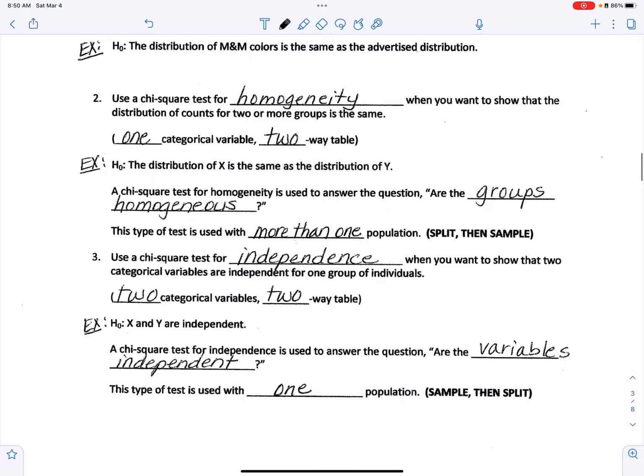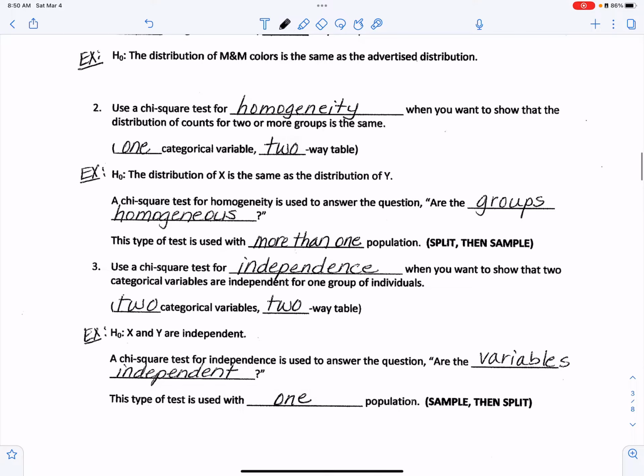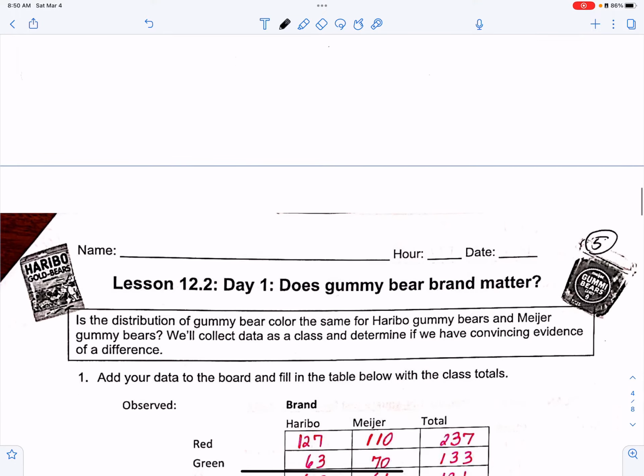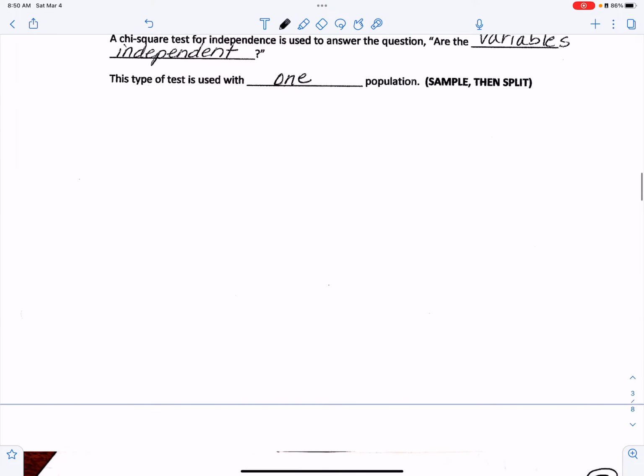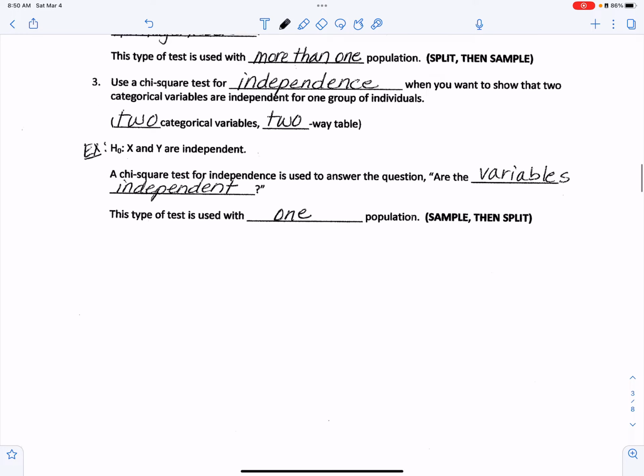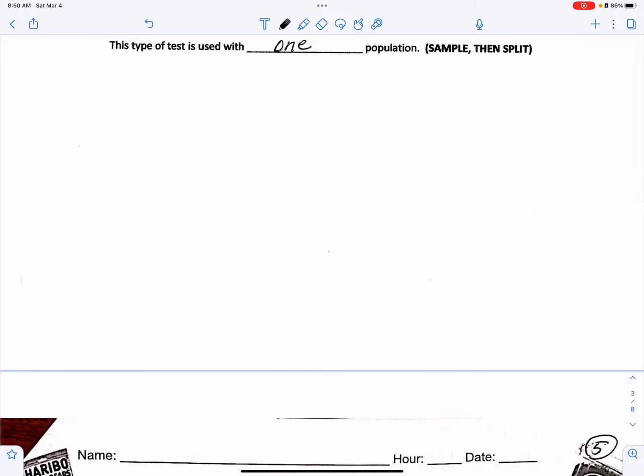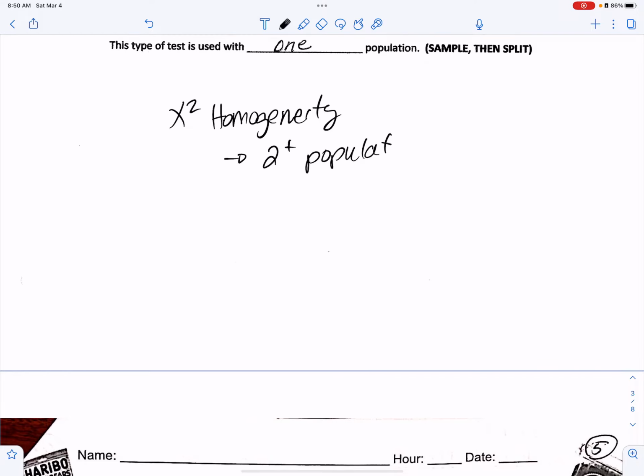All right, so let's see what's the difference for a homogeneity, because that's what I'm going to start with. For a chi-squared homogeneity, again, you can call it a chi-squared two-way test, but for that, you have two or more populations, and you're trying to see if they are the same in one variable that I'm measuring.